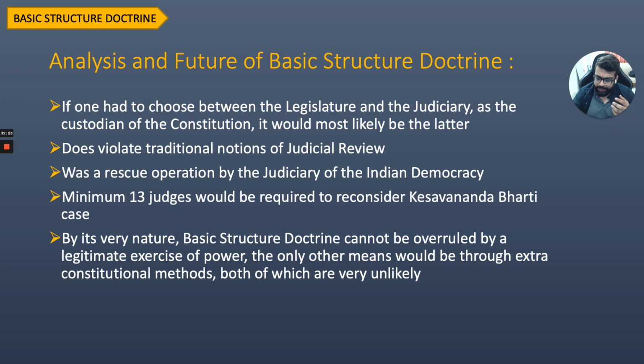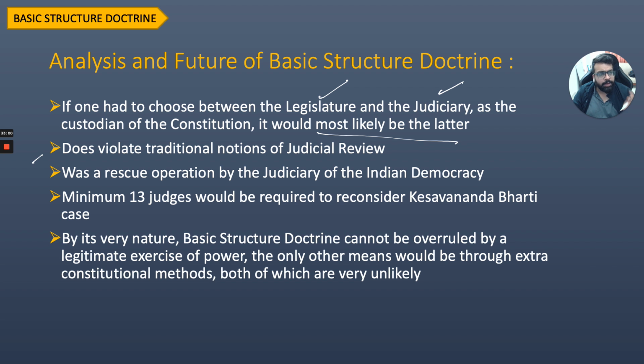Right. So therefore, there is an analysis of the basic structure doctrine, which is a simple one. If the mains exam will ask you whether it was right or wrong, you would say, at gunpoint, if I have to choose between the legislature and the judiciary as the custodian of the constitution, I would most likely choose the latter, because judicial supremacy is because of parliamentary incompetency. At the same time, let's also understand it lays the ground for activism and other entrenchments made by the court, which means the traditional notion of judicial review is that you review laws which are actually made.